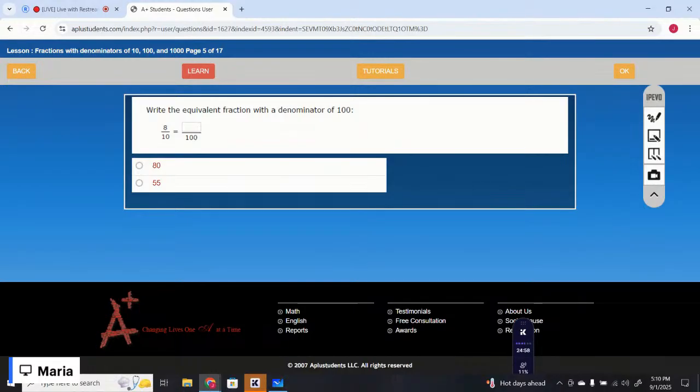Write the equivalent fraction with a denominator of 100. So that is 80 over 100. Option number 1 is the correct option.